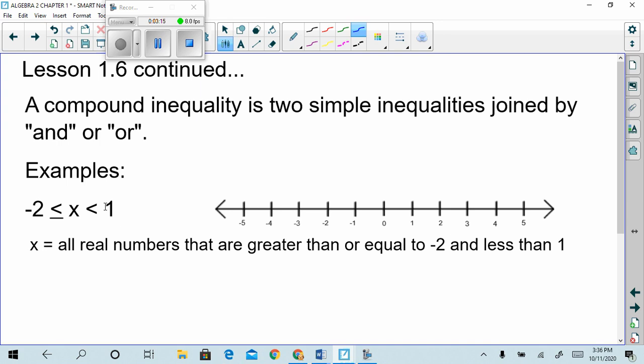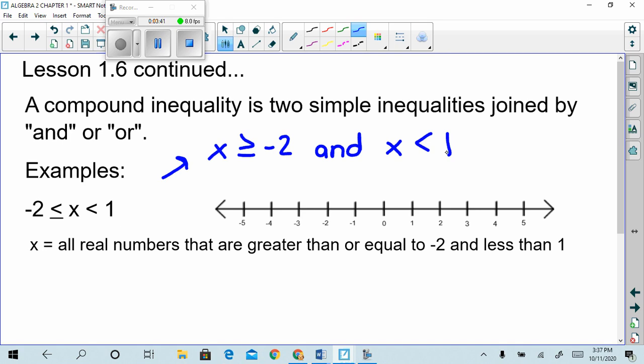So when solving this, it says that x is equal to all real numbers that are greater than or equal to -2. I could actually take this apart as x is greater than or equal to -2 and x is less than 1. That's written separately, and that's written together with the compound.